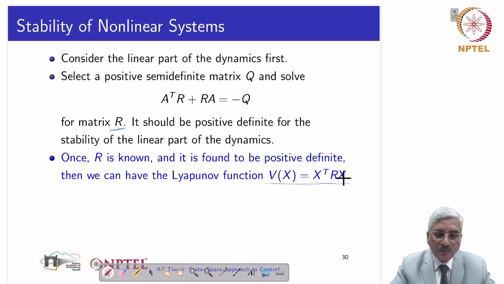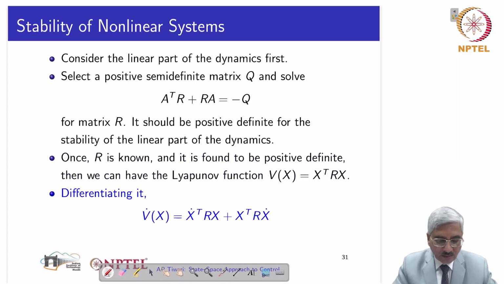So via the linear system, when we get R which is symmetric and positive definite, thus the linear system comes out to be stable, then we also get a Lyapunov function, a candidate for the nonlinear system. This quadratic is the Lyapunov function for the nonlinear system.